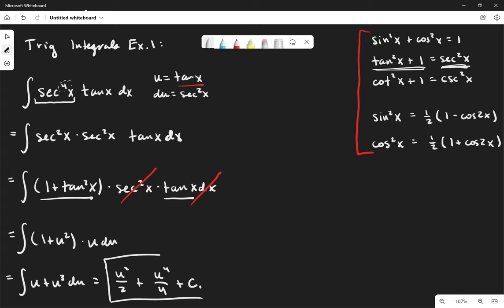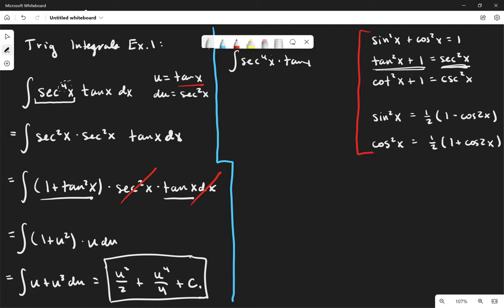Now, I did mention you could do this another way. I will write that method in blue, and I'll sector it off here. You could do this with u equals secant x. Integral secant to the fourth times tangent. I'm going to rewrite it just so it's easy to follow.